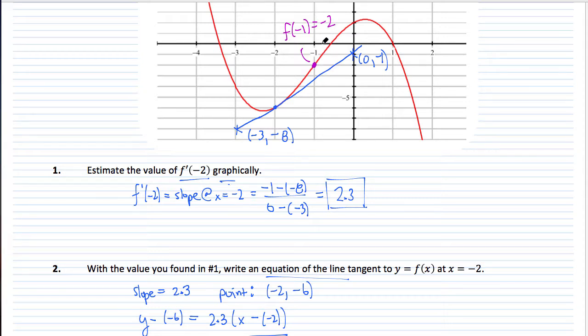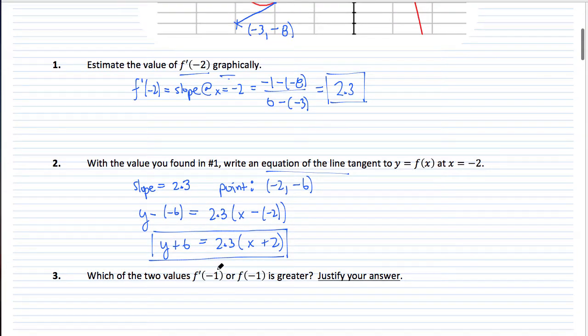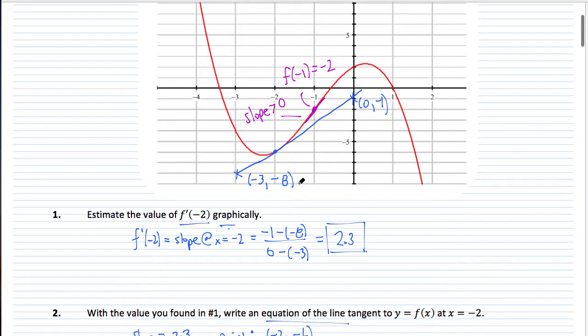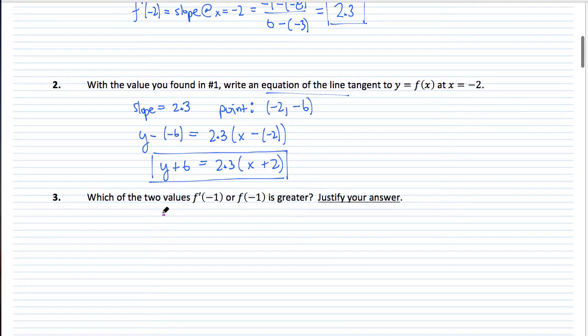And our slope is going to be positive, right? Slope is very obviously greater than 0 at this location. If we sketch a tangent line, it's increasing. So which one is going to be greater? Well, the answer would have to be f prime of negative 1.